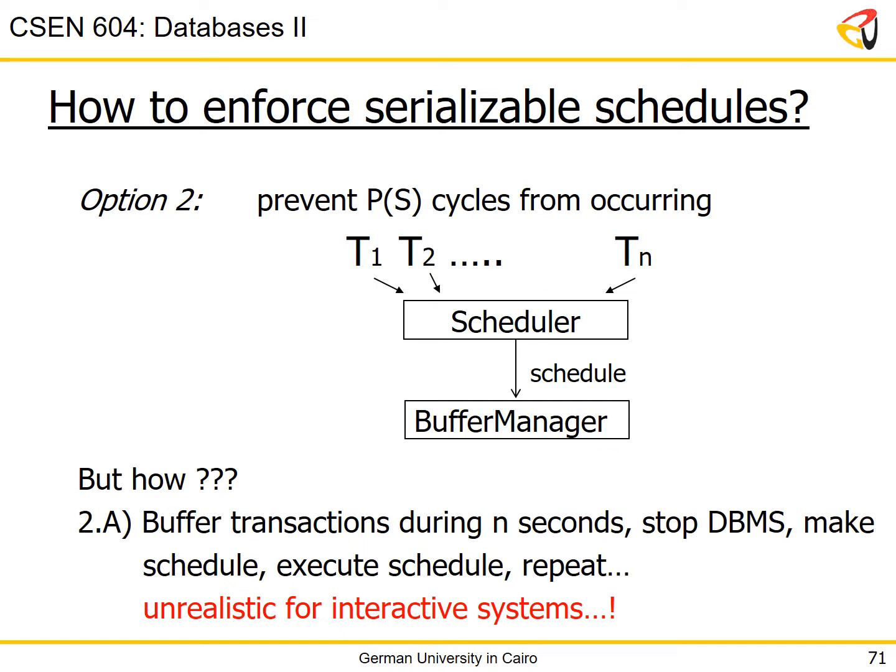Now, the option that you might think of as well is, as it says in 2.8 down there, you buffer the transactions during n seconds, you stop the DBMS, make the schedule, execute the schedule, and repeat. In other words, you would create a window and accept transactions during this window.